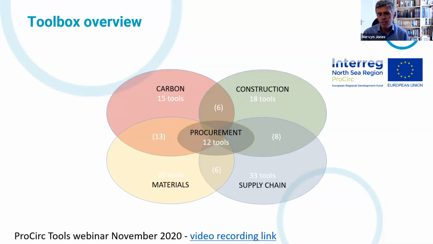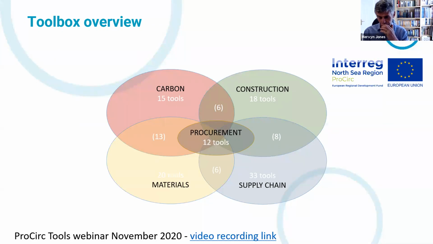And it's not a definitive study in any sense of the word, but what we found was a significant degree of overlap, as this slide in front of you now shows. So a lot of tools relate to carbon. Some are broader project-based tools, but many of them relate to the carbon footprint of specific materials. So there's an overlap there between materials and carbon.